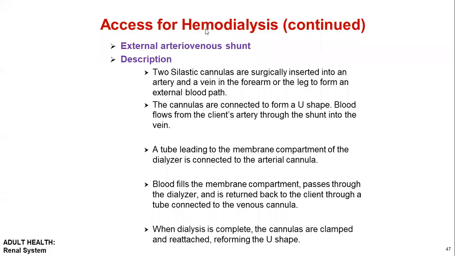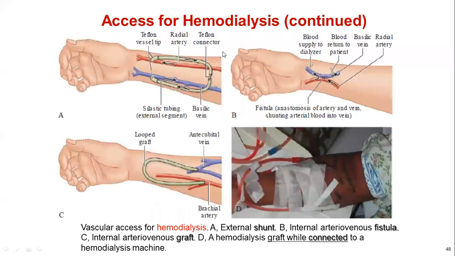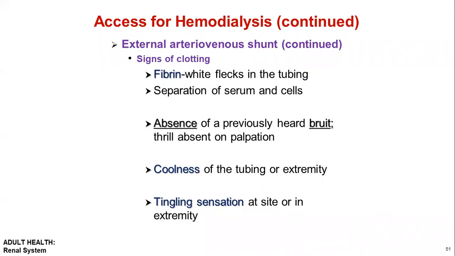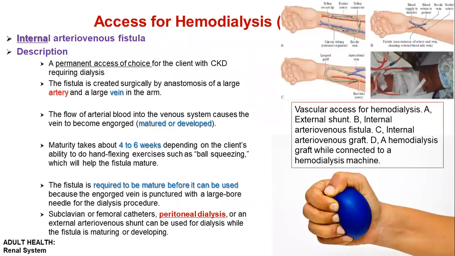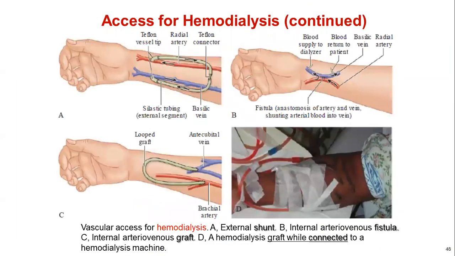So in this part, we're going to focus on access for hemodialysis, especially on fistula. There are three types of fistula. One is called the external arteriovenous fistula, right? Another is called the internal arteriovenous fistula, right? In this picture, you can see pictures 1, 2, 3. All of them are basically vascular access for hemodialysis.